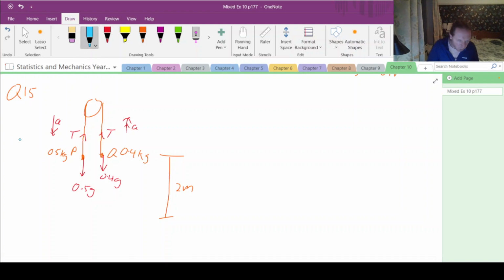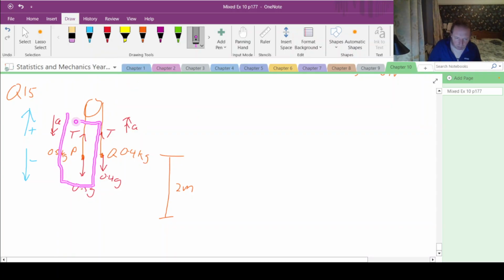Make a decision, which way are you going to have up and down, and which way is going to be plus and negative. Completely arbitrary, we could do it either way. Write down an equation of motion for P. So we're going to basically do F equals ma.